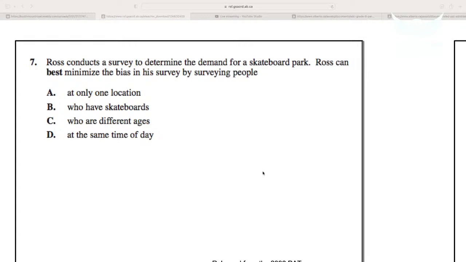So what do you think? It seems like the correct answer is B, right? He needs to ask people who have skateboards, right? So the answer is B.